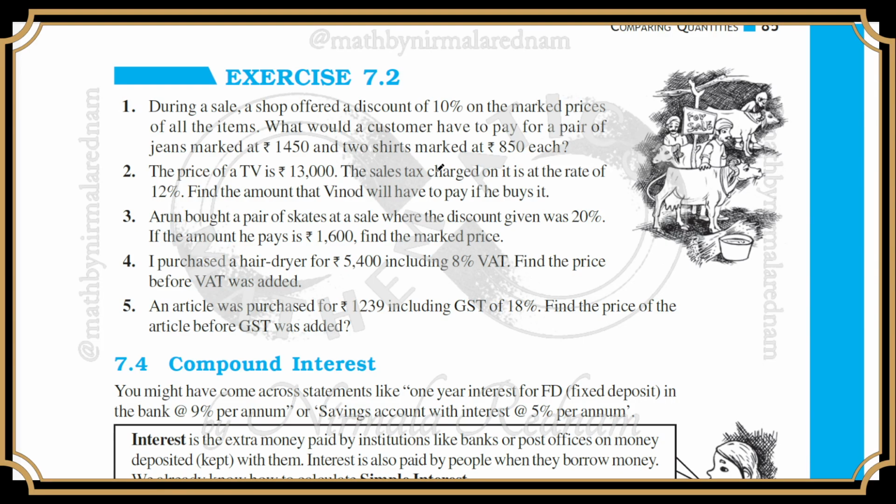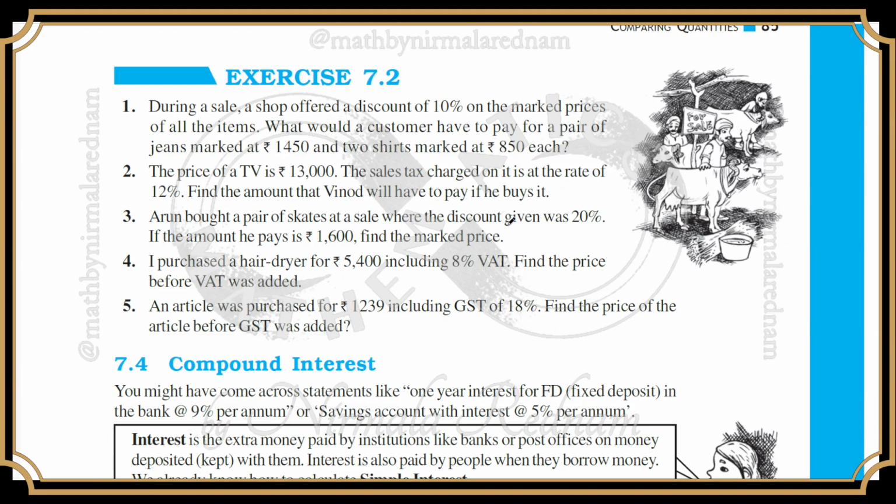So now what they have given is the cost on the tag of three items, one jeans and two shirts, right? And on each of these there is a discount of 10%, right? So, after the discount, how much is he going to pay?